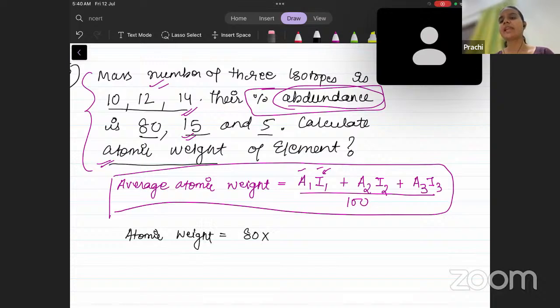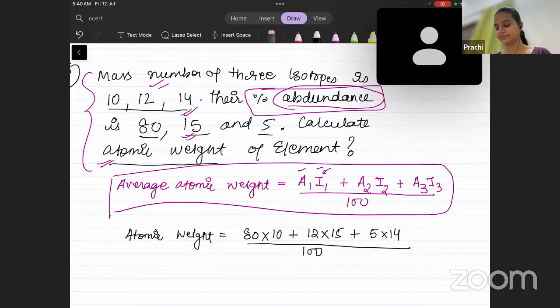So what we will do: 80 into 10 plus 12 into 15 plus, then what else we have? This is 5%, right? 5 into 14, divided by 100.